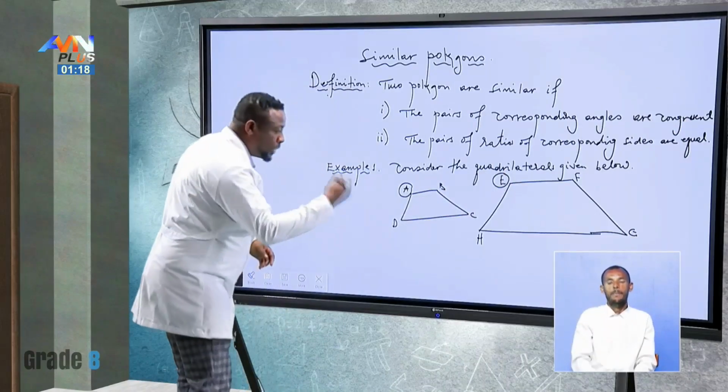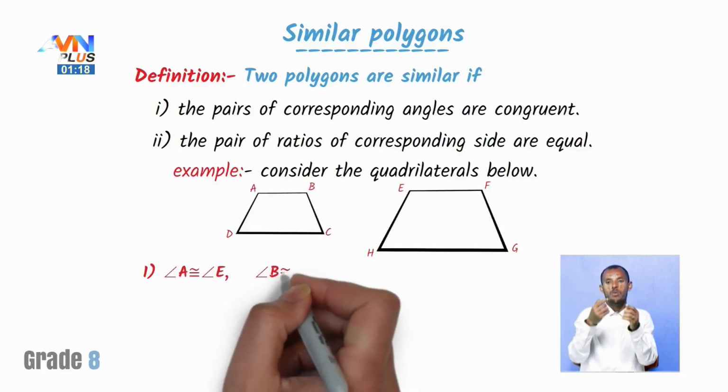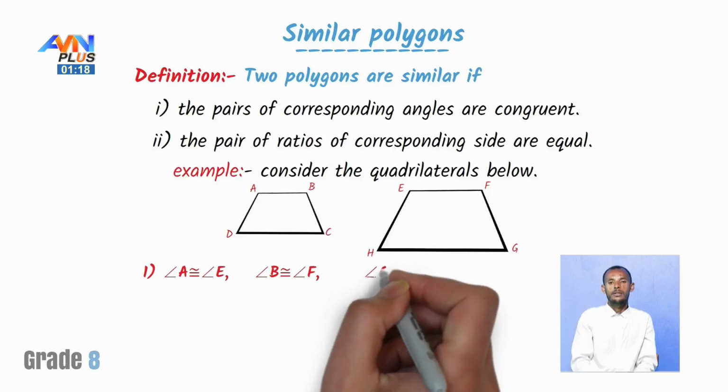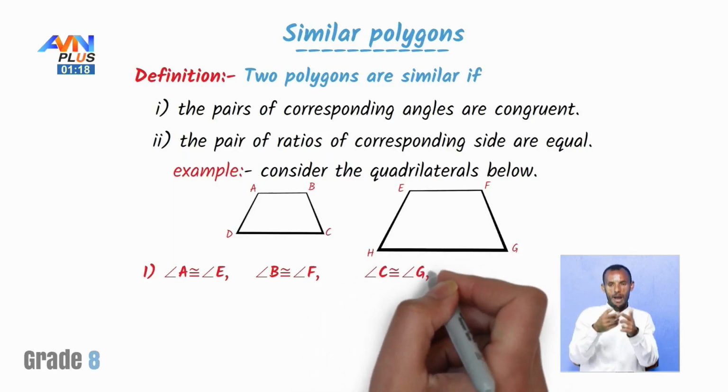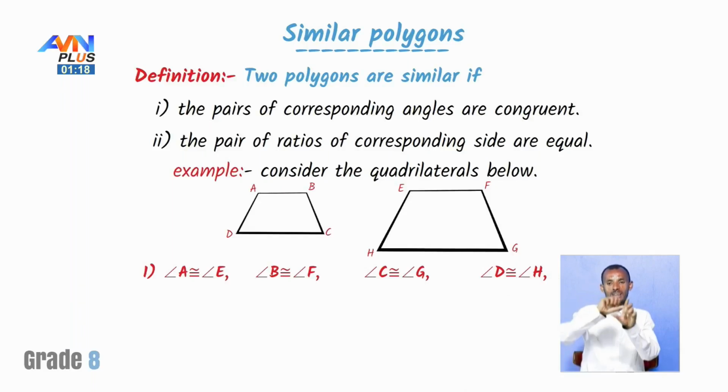You can write it like this: the first condition, angle A must be congruent to angle E. At the same time, angle B must be congruent to angle F. The third one, this is G, so angle C must be congruent to angle G. And lastly, angle D and angle H must be the same.